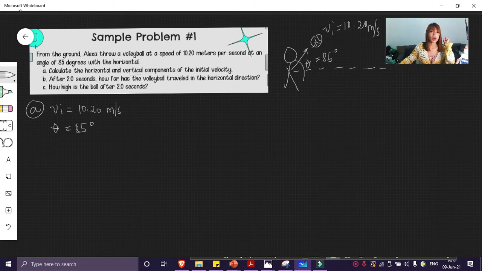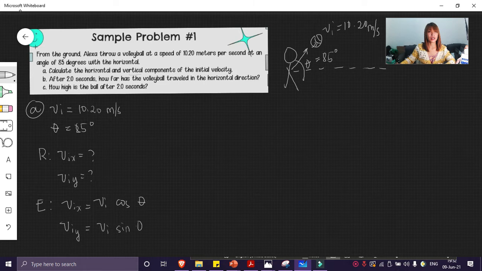And we are looking for the horizontal and vertical component of the initial velocity, so that will be VIX and VIY. For the equation, we will use VIX is equal to VI cosine theta and VIY equals VI sine theta.